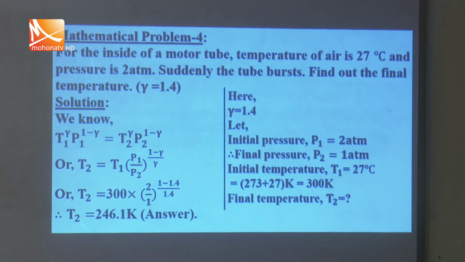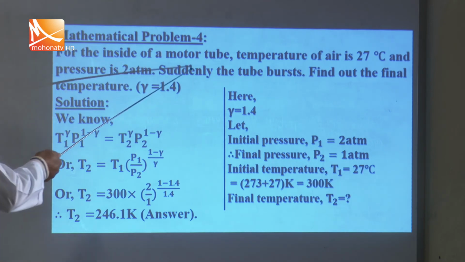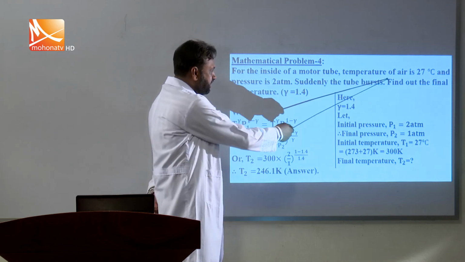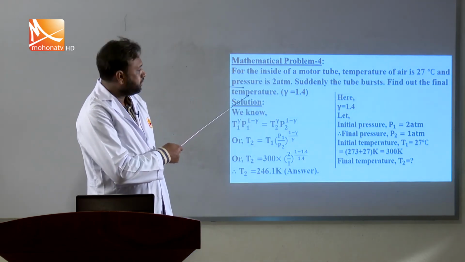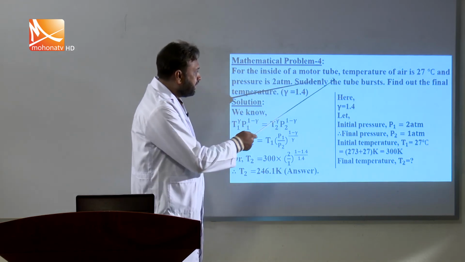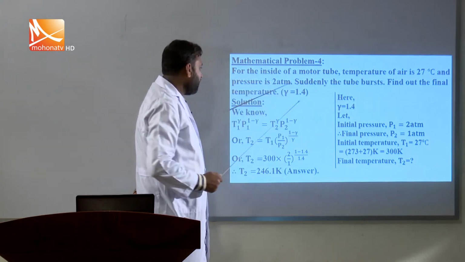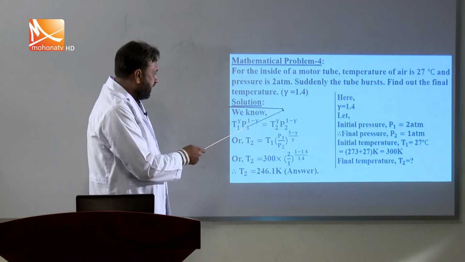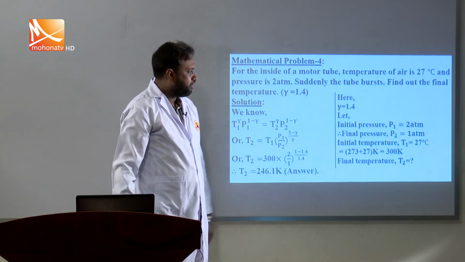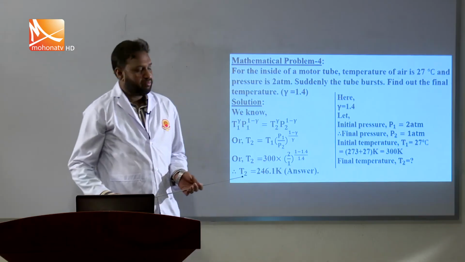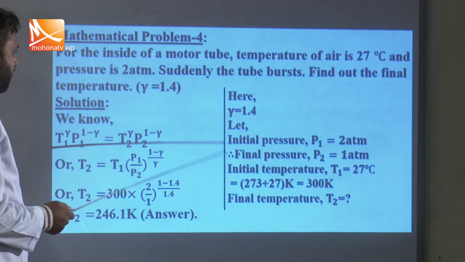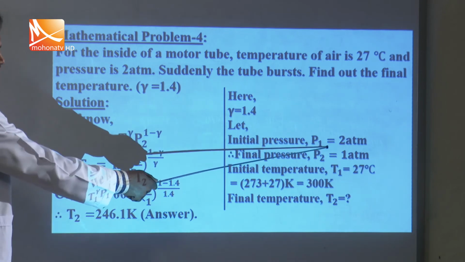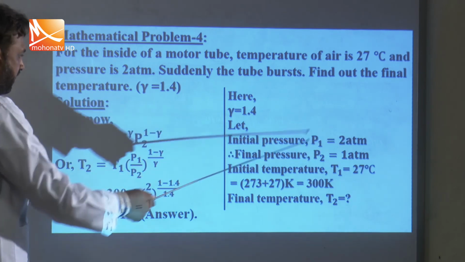Now mathematical problem number 4. For the inside of a motor tube, the temperature of air is 27 degrees Celsius and pressure is 2 atm. Suddenly the tube bursts. Find out the final temperature, given gamma equals 1.4. So the given information from the problem, gamma equals 1.4, let initial pressure P1 equal 2 atm.